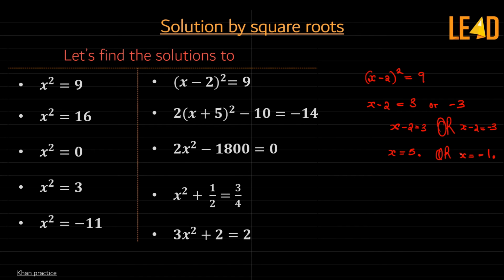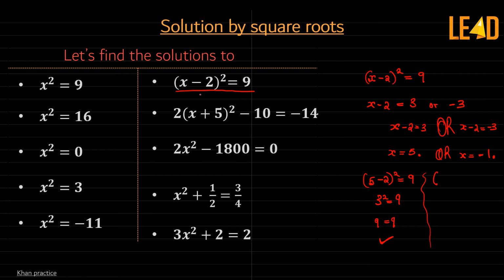You might be wondering how these two numbers can work for the same equation. Let's plug them in. If you plug 5 into this expression, you would have (5 minus 2) squared is equal to 9. That means 3 squared is equal to 9, which is a true statement. So it's a solution. Let's plug in negative 1.